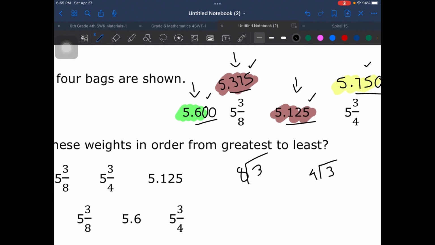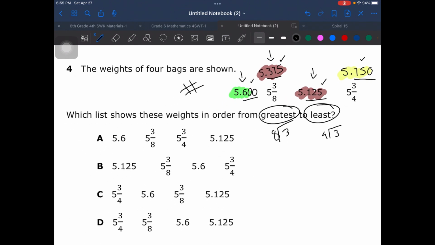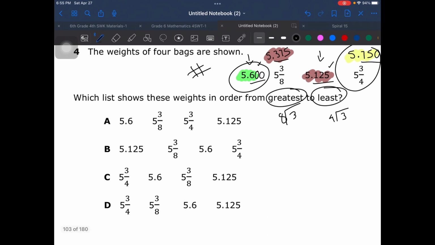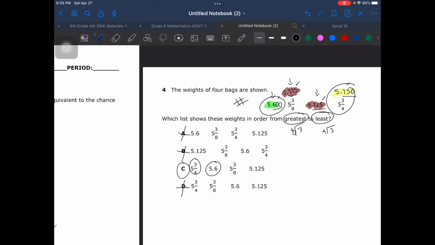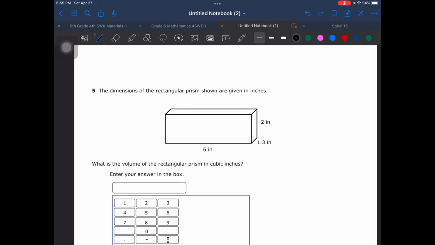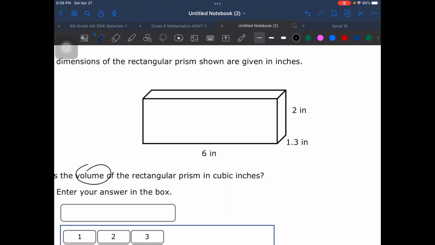Realmente podrán comparar cuál es más grande y cuál es más pequeño si tienen el mismo número de decimales. Greatest to least. El más grande, chicos, sería este de aquí y después el 5-6. Entonces, este de aquí y el 5-6. Papita. Easy.